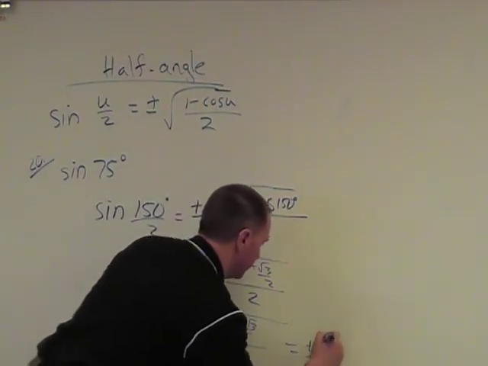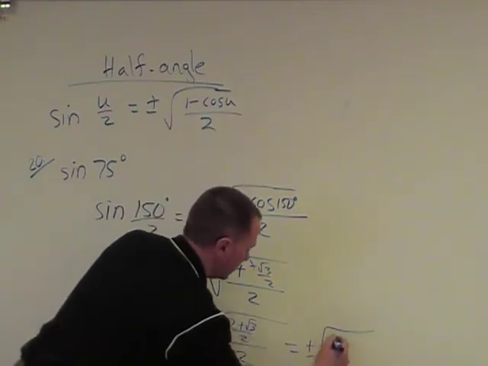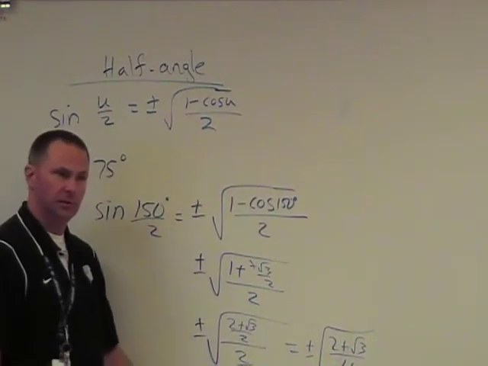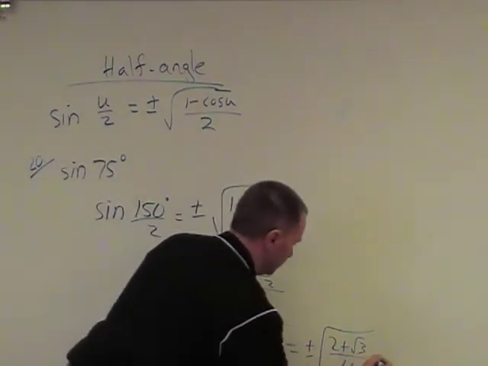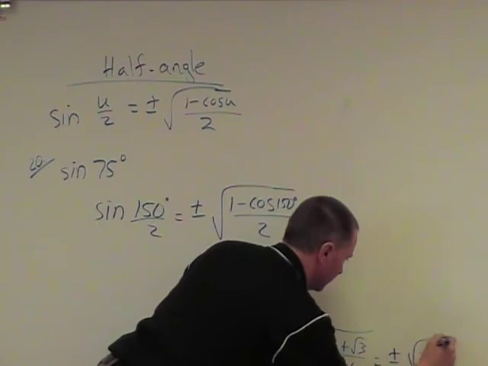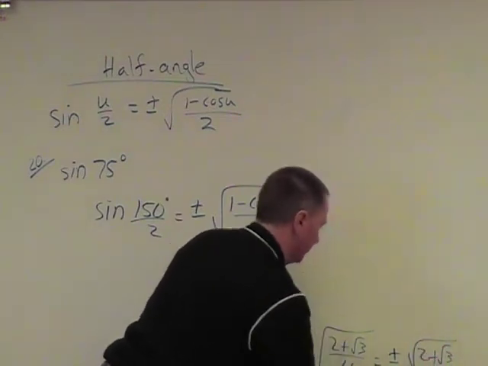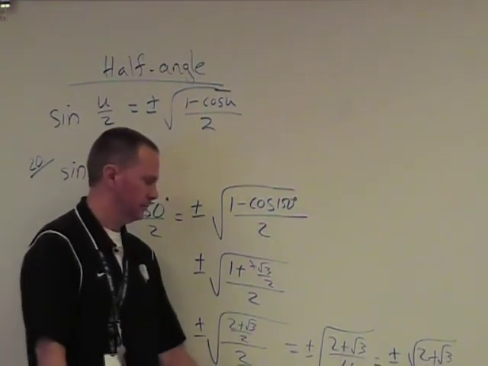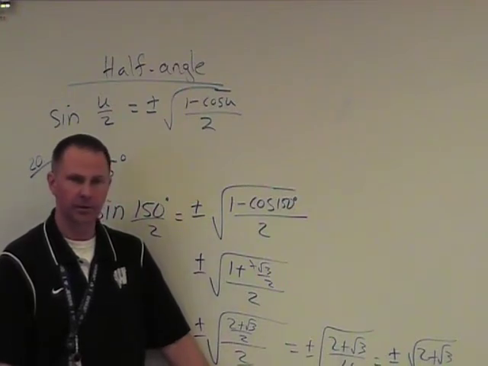Plus or minus square root of, we flip this over, it's going to be 2 plus radical 3 over 4. Plus or minus square root of 2 plus radical 3 over 2. Pretty ugly.